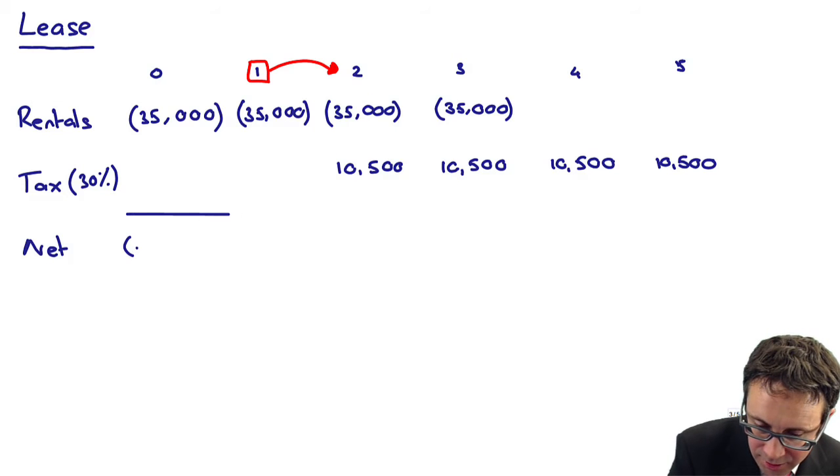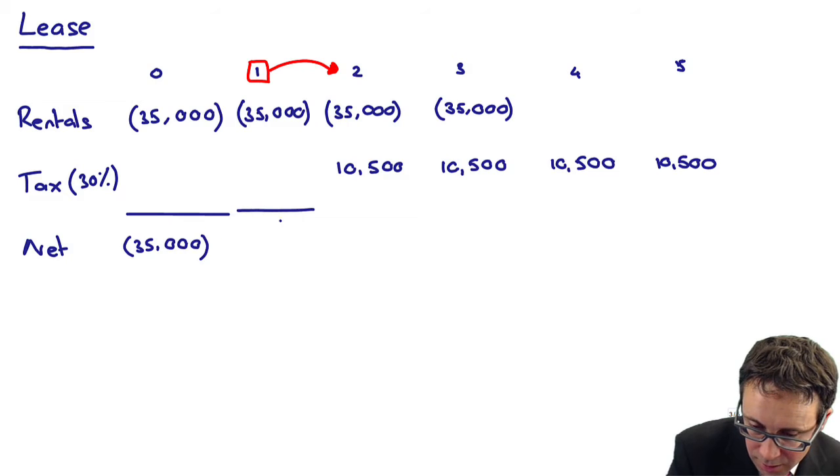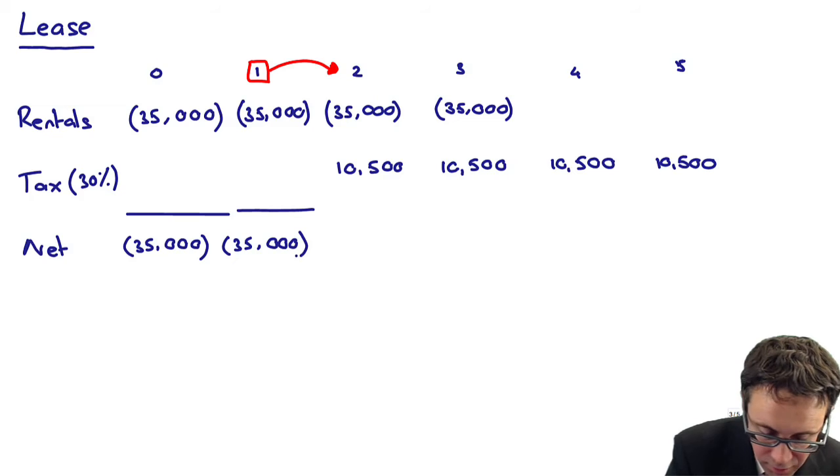So is that the T0, 35,000. At T1, it is also 35,000. Okay.